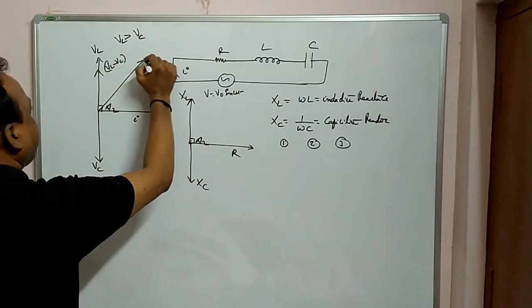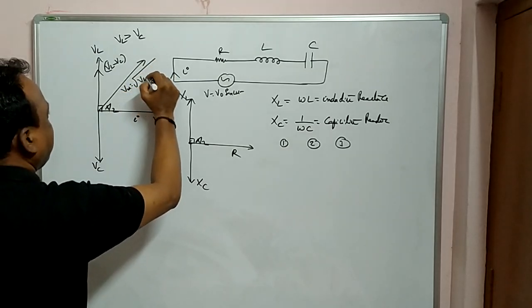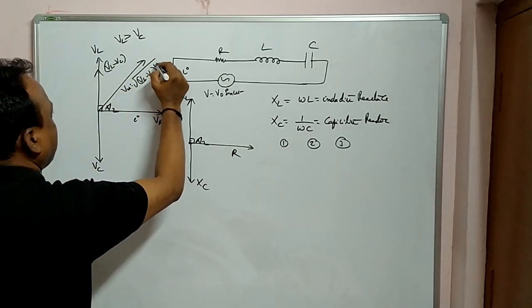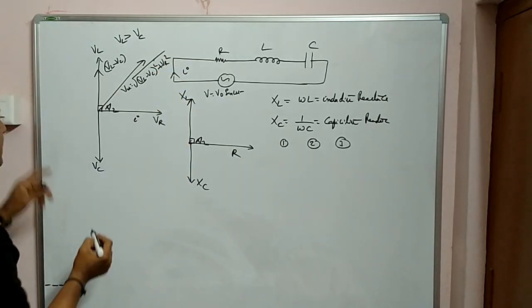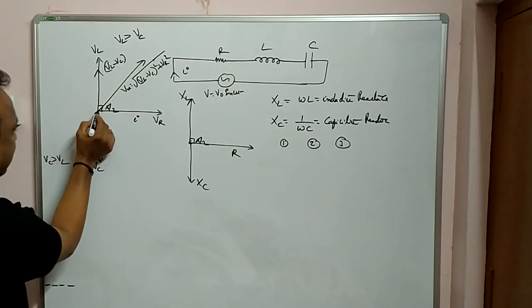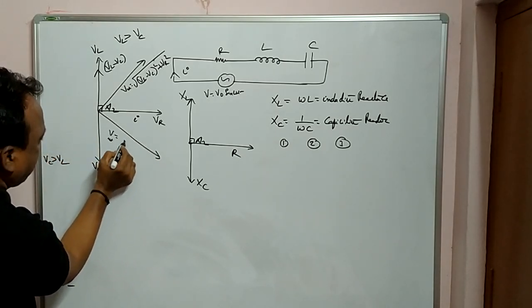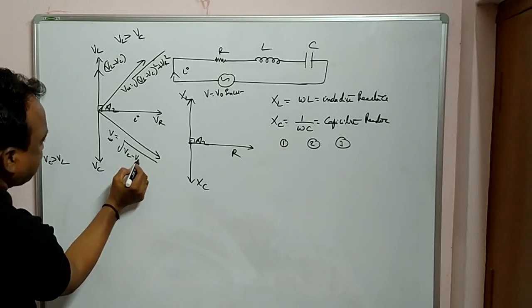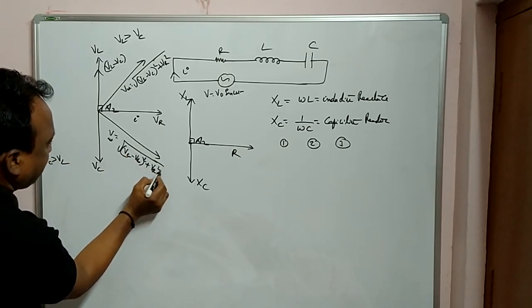Then V net, as I already gave, is equal to root over VL minus VC whole square plus VR square. If VC is greater than VL, then V net will be root over VC minus VL whole square plus VR square.